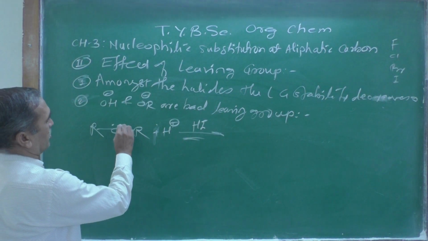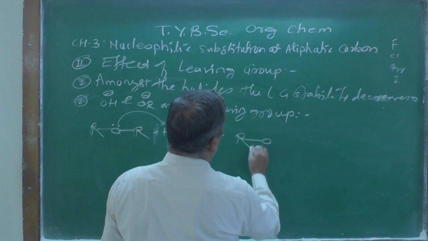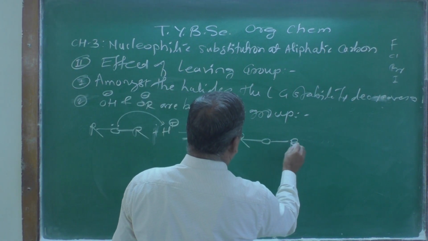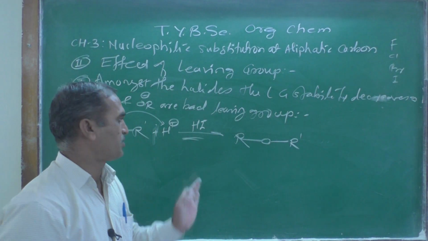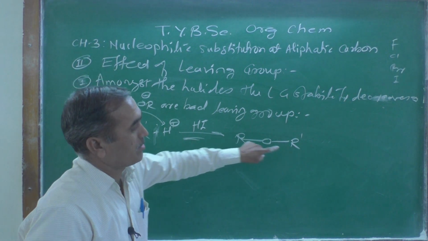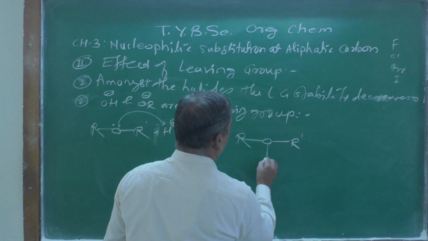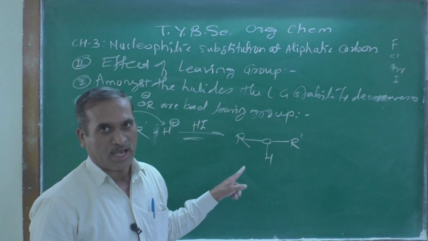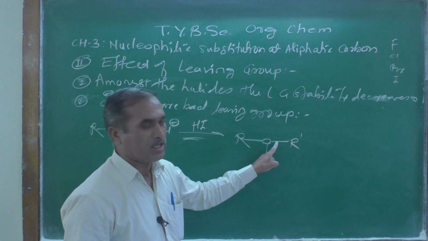This ether picks up the proton like this, and we will get RO R dash with H, where R and R dash are different. Again look at the oxygen atom. The oxygen atom has 3 bonds over here, 1, 2, 3.